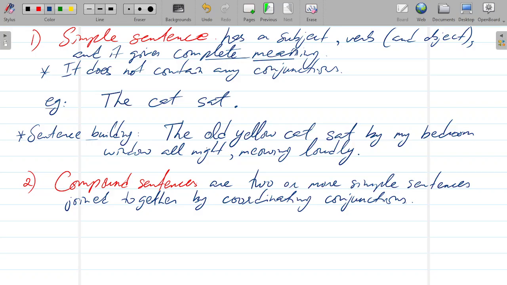Okay, and so since you're joining simple sentences together, it goes without saying that the requirements are the subject, verb, and object if required, and giving complete meaning. Okay, so obviously these are supposed to give complete meaning as well. They're supposed to have the requirements of the simple sentence.